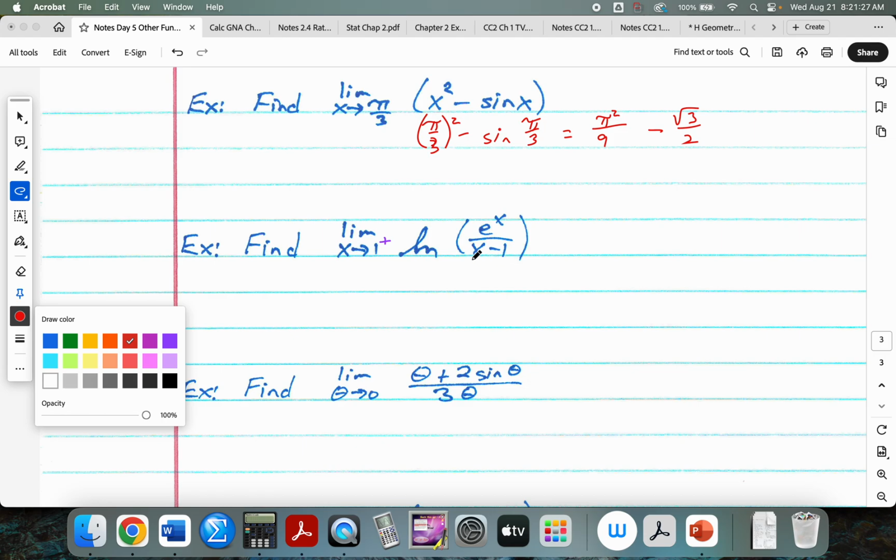Is it a positive number near 0 or a negative number near 0? We're going to 1 from the right, so we're taking values of x bigger than 1. So that's going to be e over 0, and it's going to be a positive number near 0.